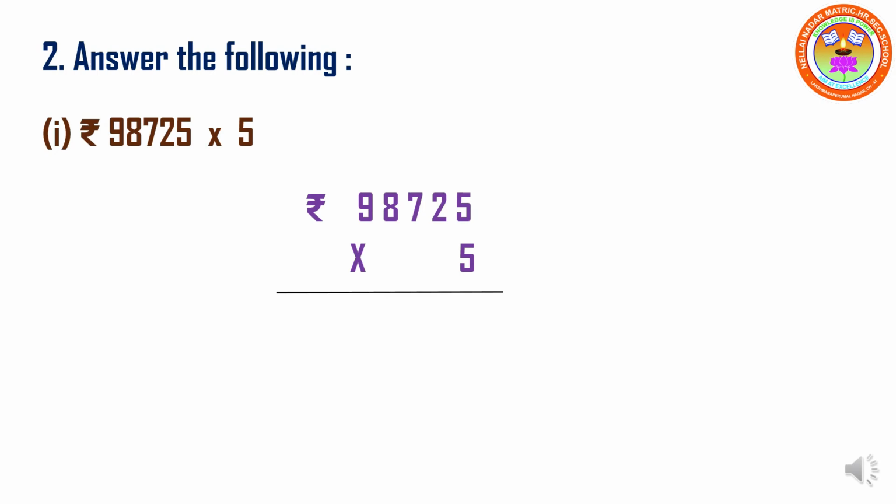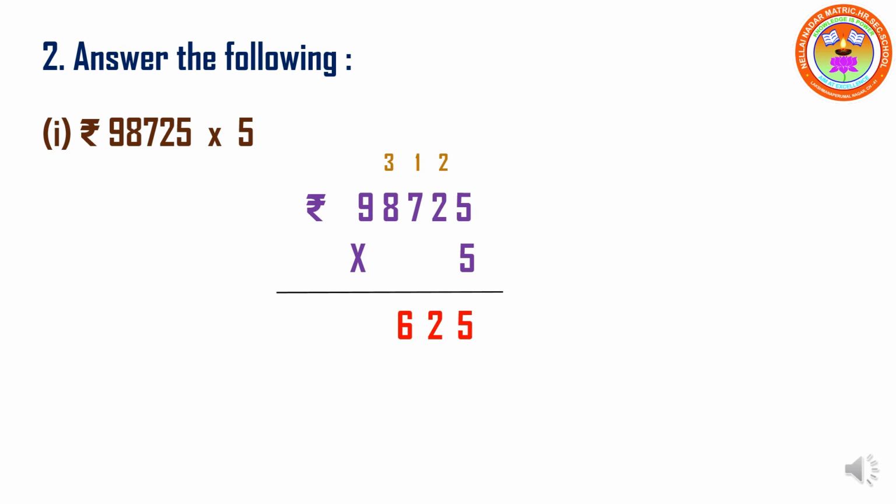So, 5 5s are 25. 5 is written down and 2 above. Next, 2 into 5. 2 5s are 10. 10 plus 2 is 12. So, 2 is written down, 1 above. Next, 7 into 5. 7 5s are 35. 35 plus 1, 36. So, 6 will be written down and 3 above.